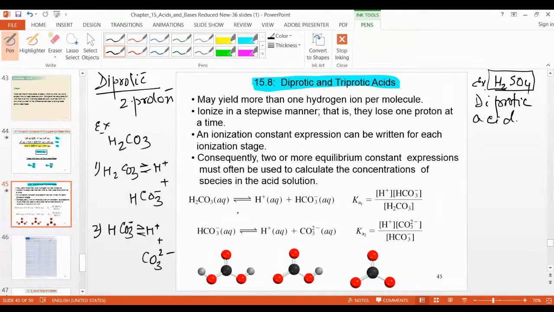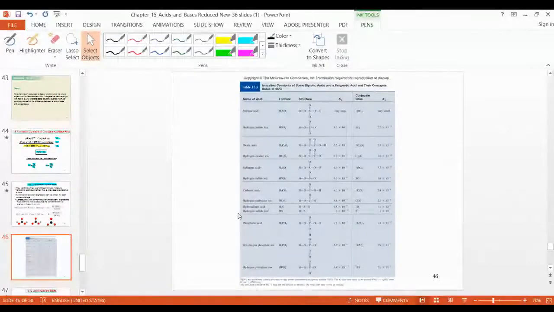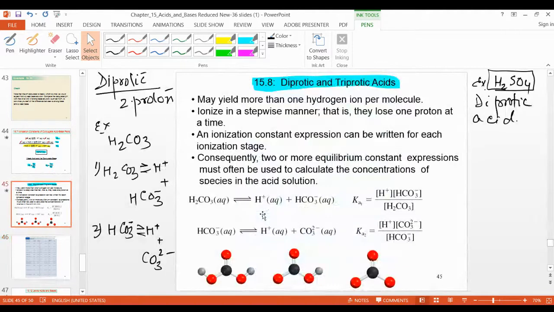Weak acid number 1 is H2CO3. So just remember this one, a weak acid which has 2 protons.